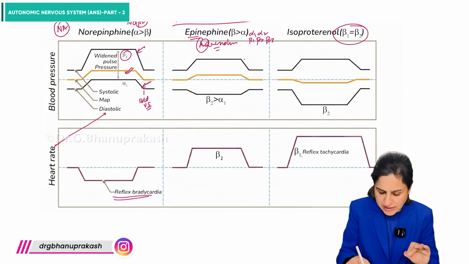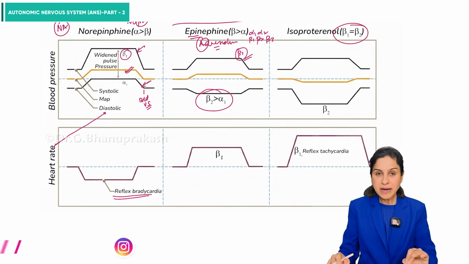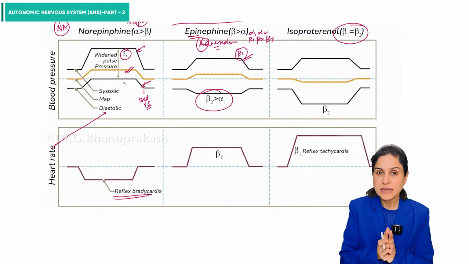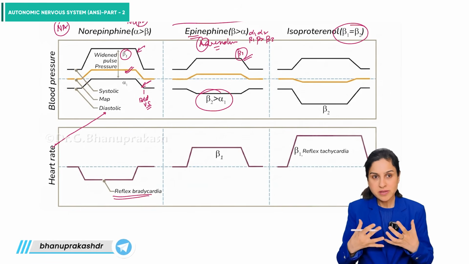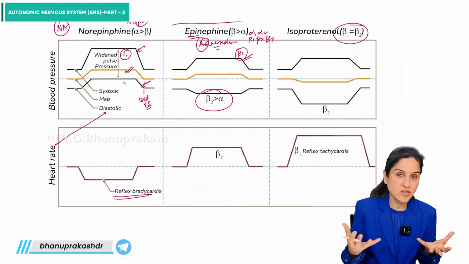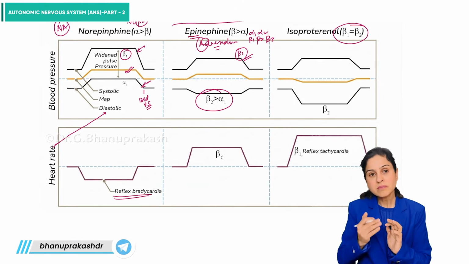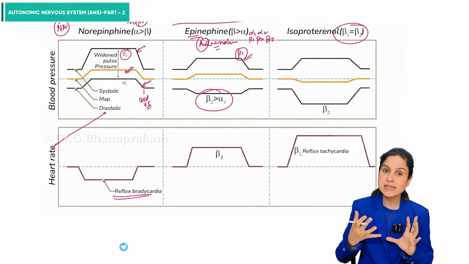Now epinephrine, similar effect because of the action on the beta 1 receptors. But on the blood vessels, it has action on both beta 2 as well as the alpha 1. But I told you that endogenously, when we are not giving it from outside, when it's in normal concentration in the body, it acts on the beta 2 more as compared to the alpha 1 because beta 2 receptors are more sensitive.